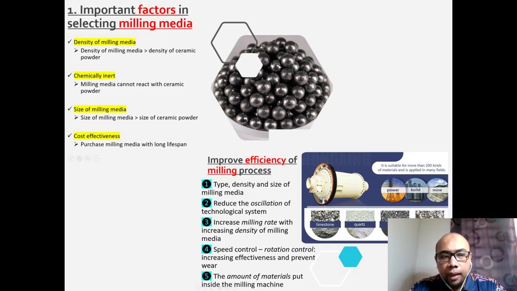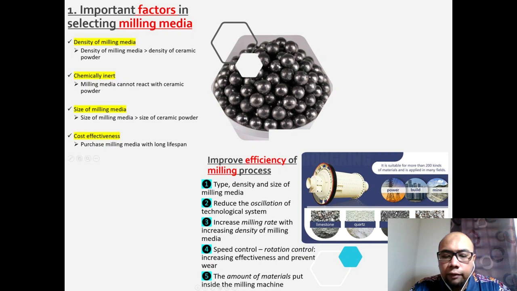Imagine if you choose the same size of ball for the milling process, what happens? Imagine pebbles or marbles. Let's say you put the pebbles in the container. What do you think about the milling efficiency? Are they good or efficient, or less efficient?